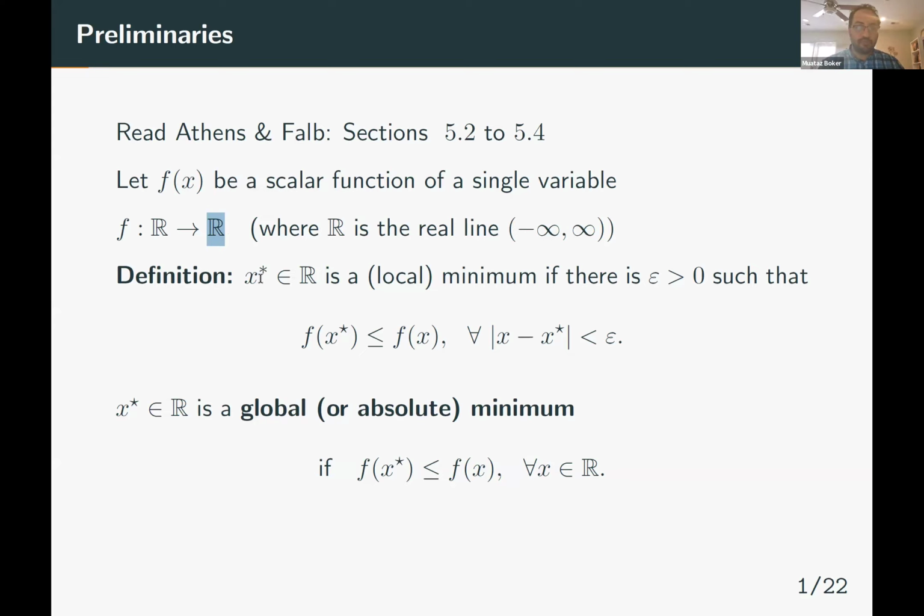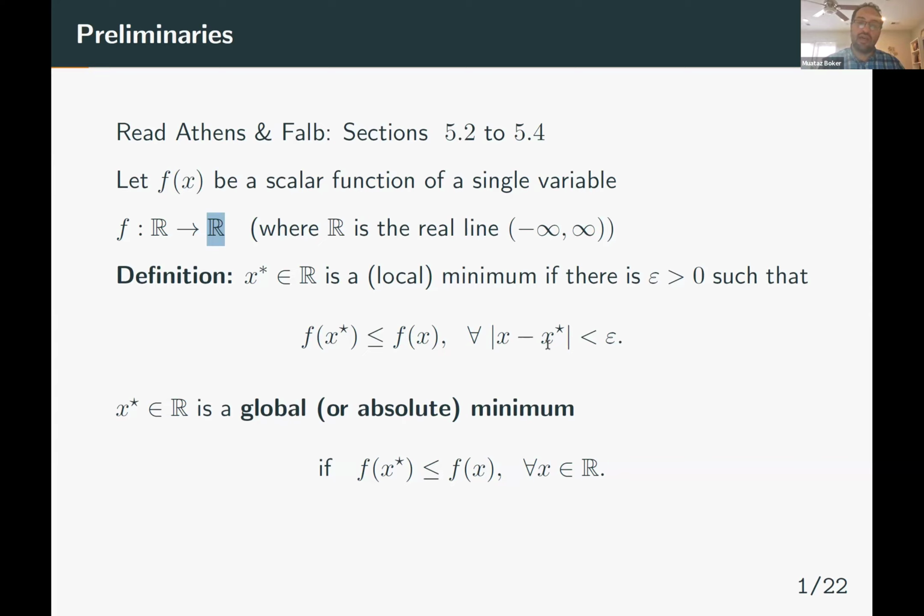So definition: x star belonging to R is a local minimum if there is epsilon larger than 0 such that f of x star is less than or equal to f of x, meaning the value of the function at x star is less than or equal to the value of the function at any other x, for all x such that the magnitude of x minus x star is less than epsilon, meaning for all x that are locally near x star.